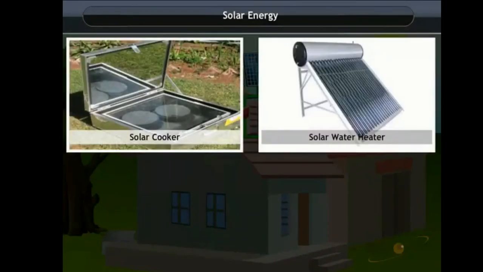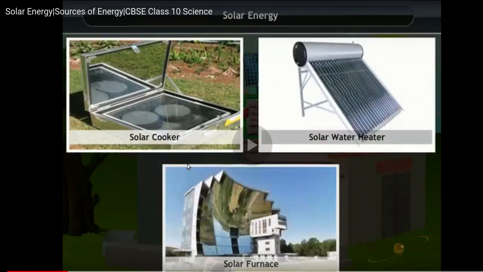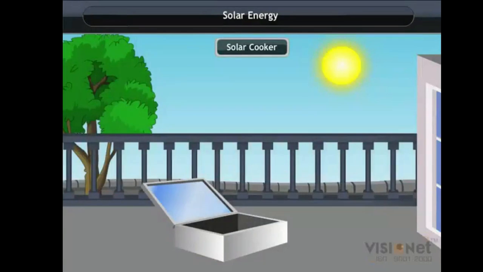Solar cooker is one of the things, or solar water heater, or solar furnace. Solar furnace means heat. We'll look at the working of each of these in detail. So the first thing is a solar cooker.